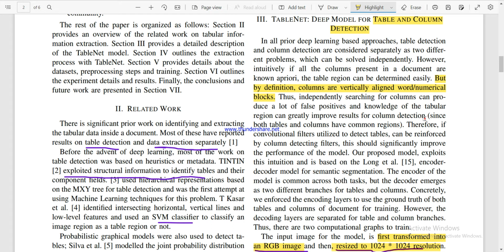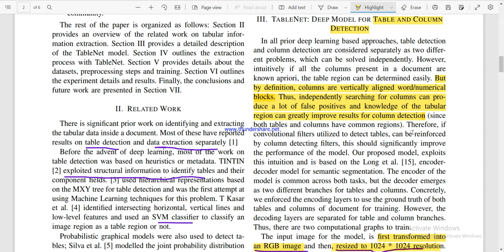So what they are trying to say here is that instead of detecting the complete table, independently searching for columns produces a lot of false positives, and knowledge of the tabular regions can greatly improve results. Why? Since both tables and columns have common regions, a convolutional filter utilized to detect tables can be reinforced by column detecting filters, so this should significantly improve the performance of the model.